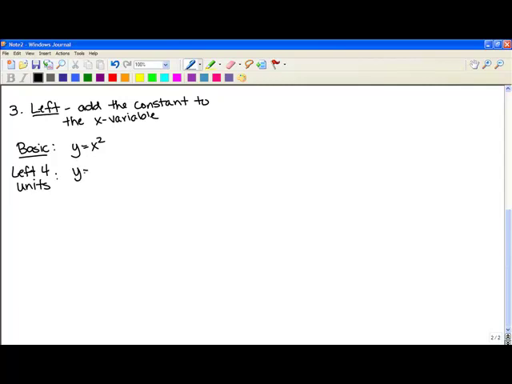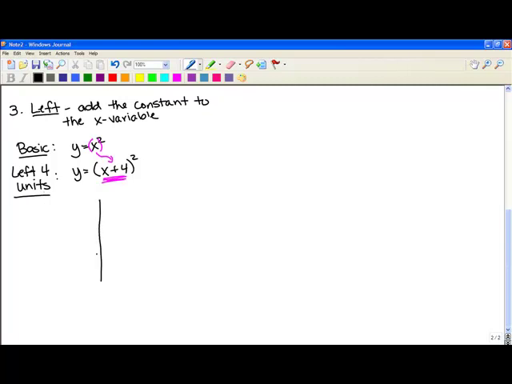The function would be y equals parenthesis x plus 4 squared. Now, take note that our x variable is now changed to have a plus 4 with it. We have to add the constant directly to x, wherever x is in a function. So it's not at the end, it's inside here with the x. And that would move a graph to the left.